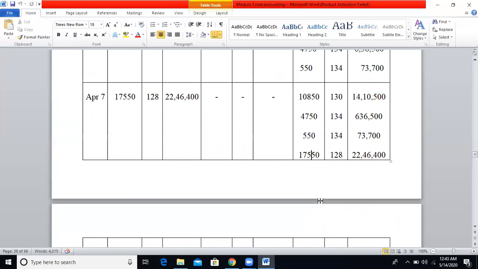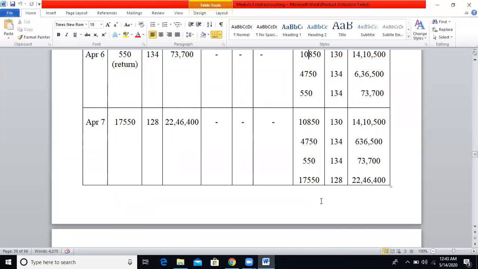Now see the balance column. Still we have the previous balances, that is the opening balance of 10,850 units at the rate of 130. Total value will be 14,10,500, and 4,750 units at the rate of 134. The total value will be 6,36,500, and the return goods, that is 550 kg at the rate of 134.